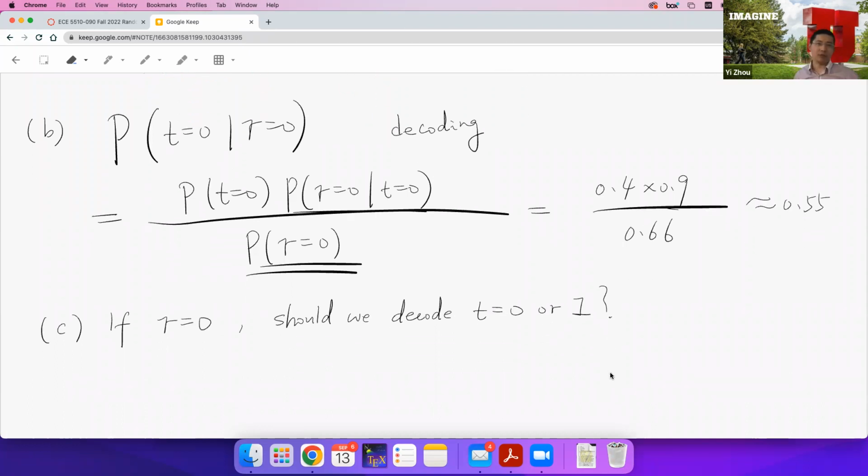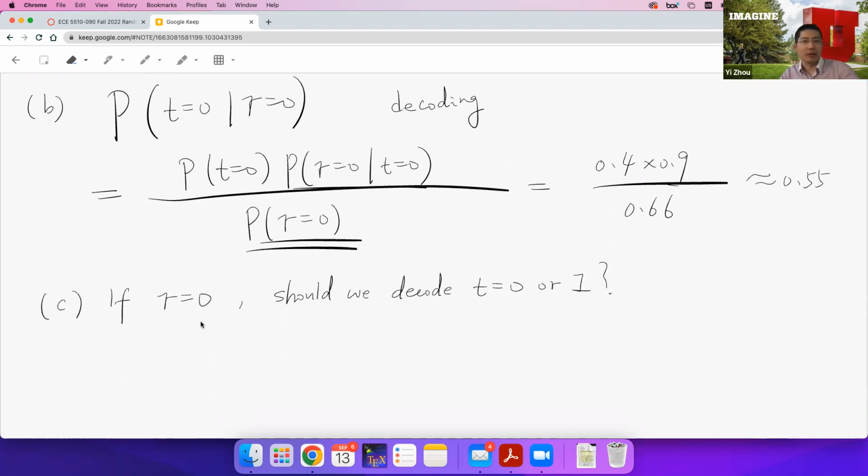You receive a 0, you want to decode this message, but you know there are two possible choices. Basically, we just need to compare these two probabilities.